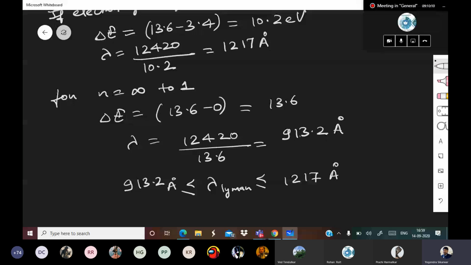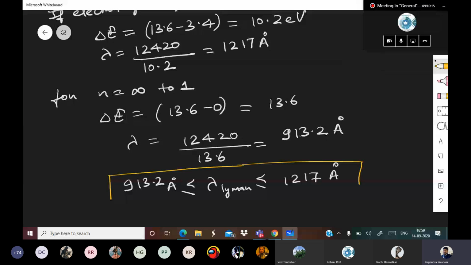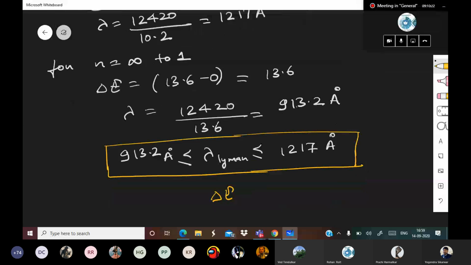Everyone please note. Similarly, delta E of Lyman is 10.2 eV to 13.6 eV. Keep these values in mind.